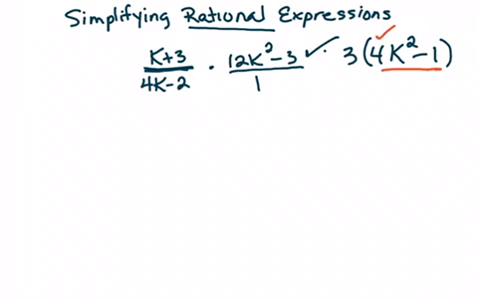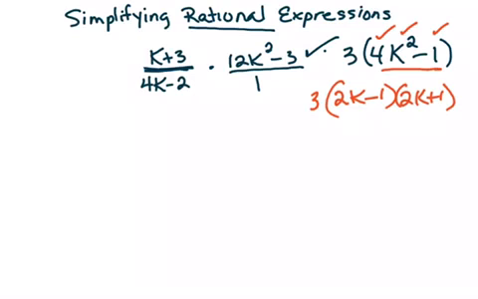This 4 is a square number, k squared is a square number, and 1 is a square number. So I can say this. That turns into 2k minus 1 times 2k plus 1. And then I have the 3 hanging out there by itself.